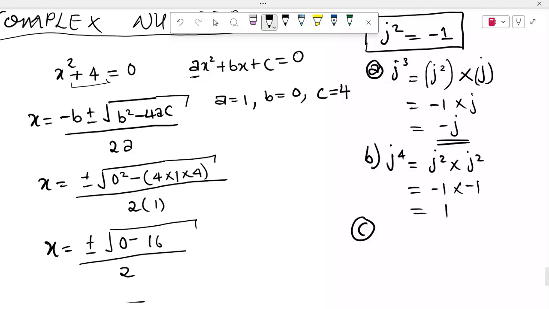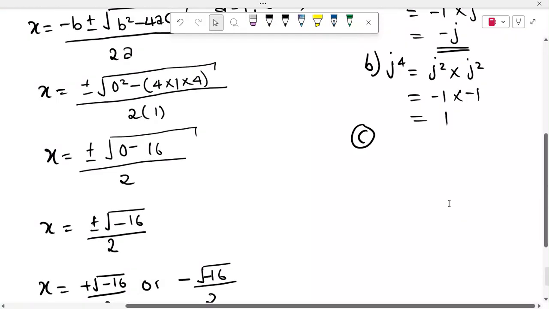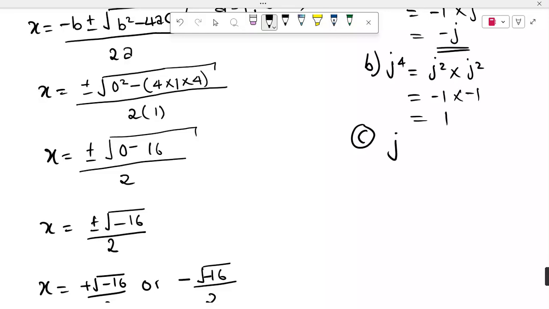C, what's C? C is j to the power 23. For this one you write j squared, then you can have a power here. How do you get the power? You have a j, and how many are remaining?